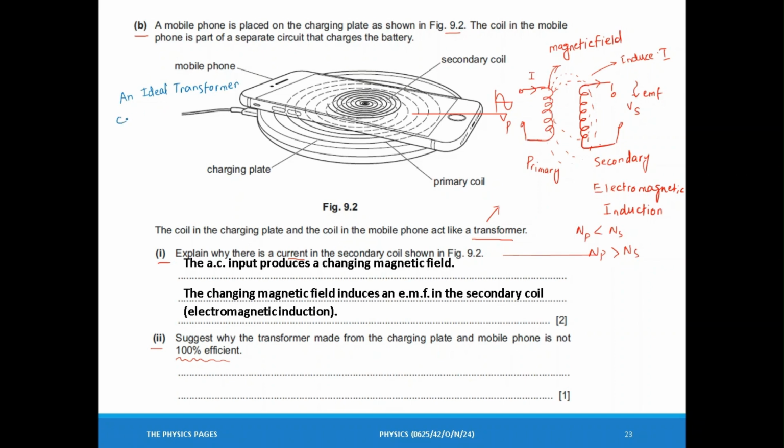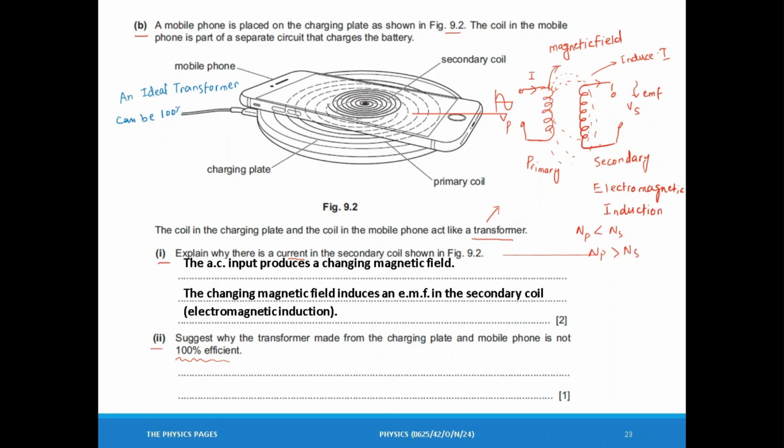Ideal transformer can be 100% efficient. Secondly, there are some issues here. The first issue is that some energy is lost as heat, maybe due to the resistance of the coils, maybe due to eddy current. We know that eddy current is the backward current opposite to the actual current.